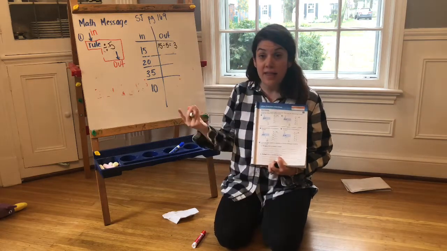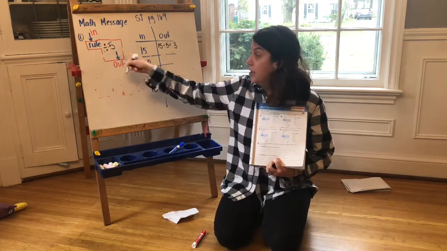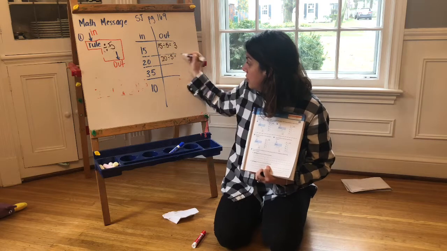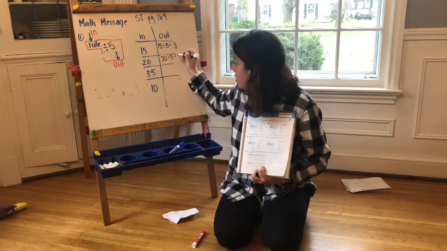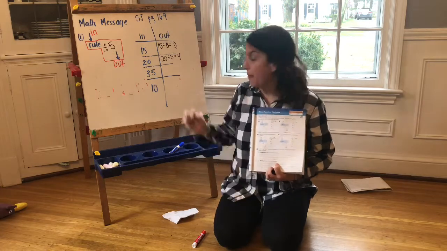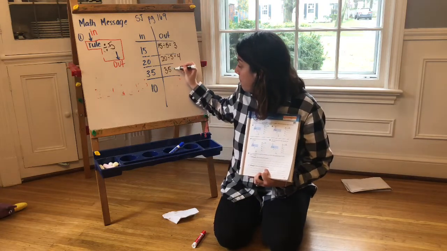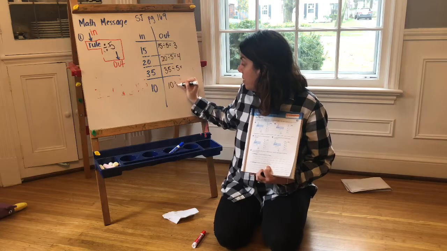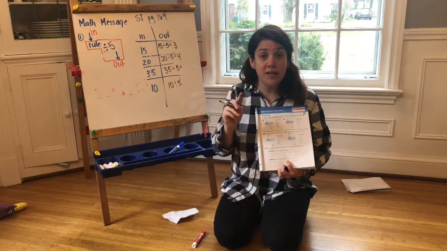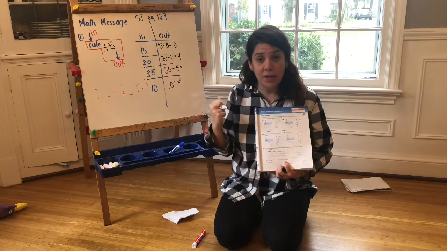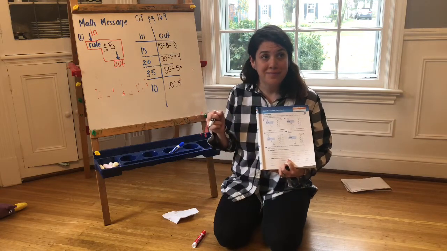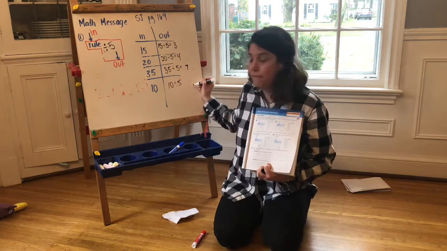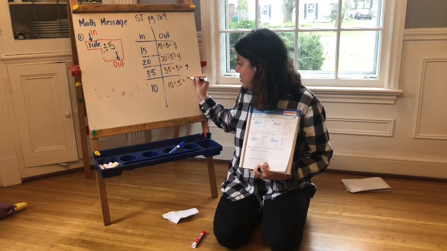Again, the rule is there's 20 in, you're going to divide it by 5. 4 are out. Do these 2 on your own, pause the video, and then check with me. Hopefully you know 35 divided by 5 is 7, and 10 divided by 5 is 2.